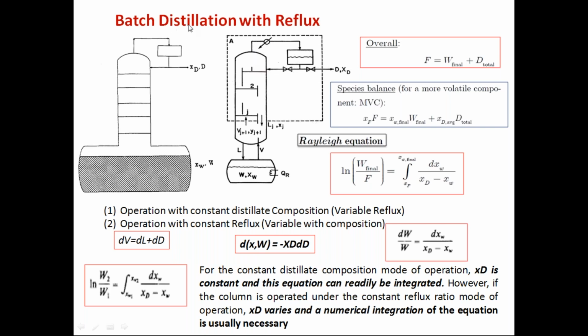Or in the constant reflux ratio case, L should be kept constant. Then install the controller here, and for any change in xd, manipulate the L value such that L by D should be constant. Like that, in a batch distillation with reflux, you will mostly find controllers.